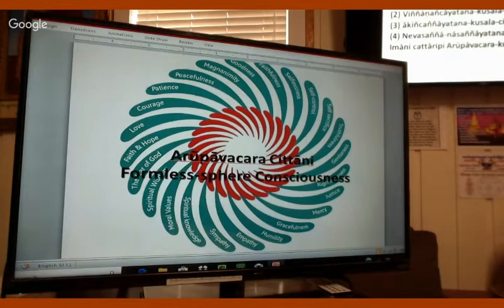So every consciousness mostly has Kusala, Vipaka, and Kiriya, three different types. Unwholesome consciousness is not like this. Unwholesome consciousness connects with the Ahetuka Chitta.